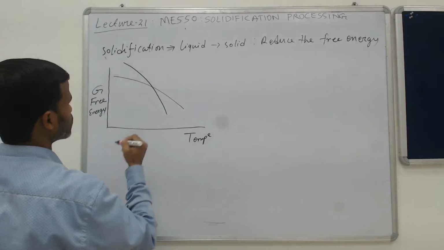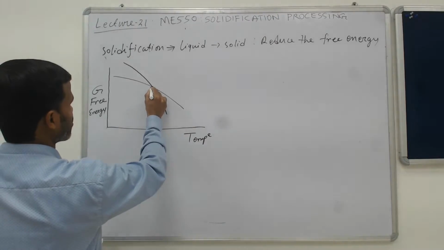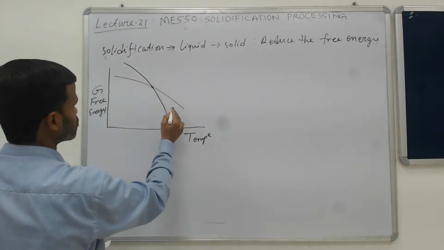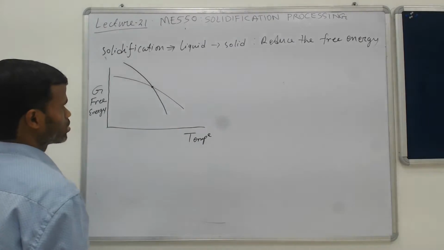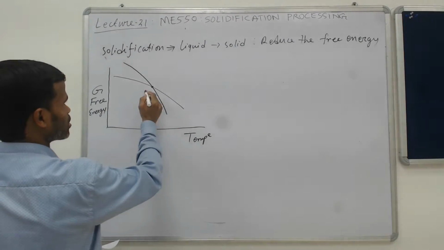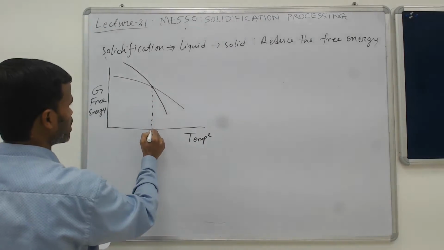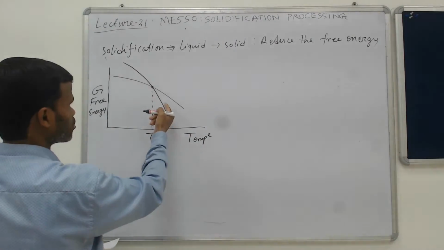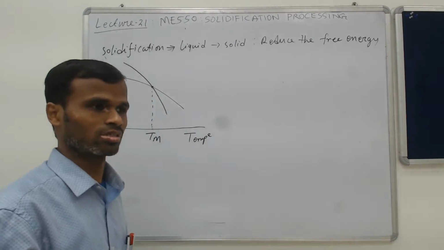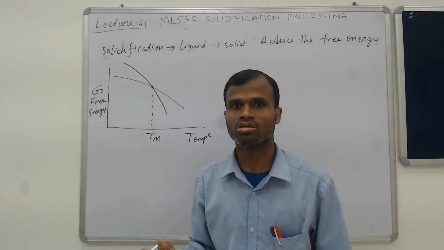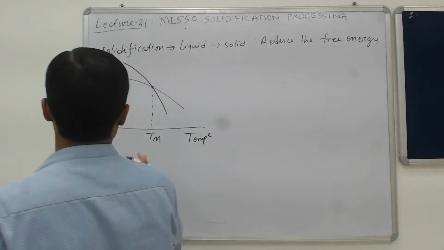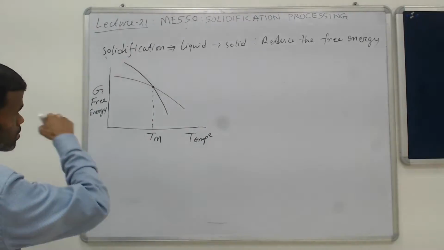This is the temperature at which the free energy of solid and liquid are the same. Now the question is, which one is solid and which one is liquid? This is the melting temperature at which both the liquid and solid phase just coexist. So the free energy of both the liquid and solid will be the same.